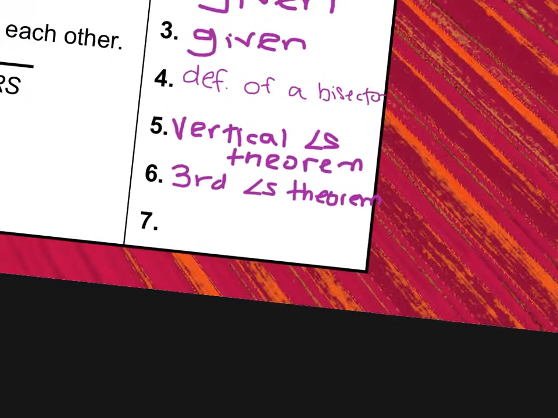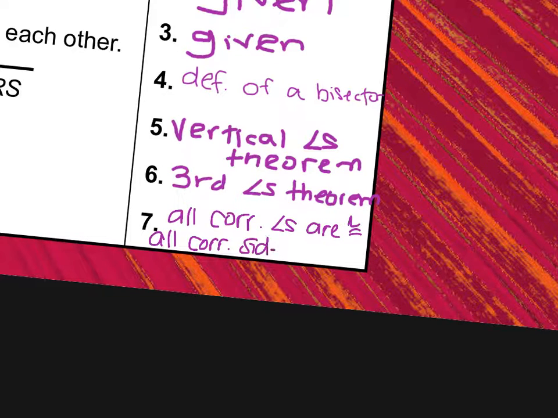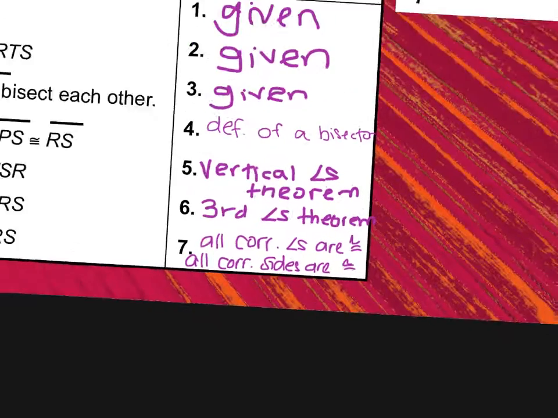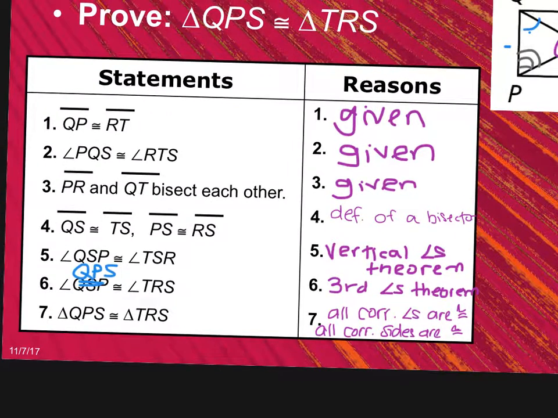Okay? So for now, that's the only way we know that two triangles are congruent.